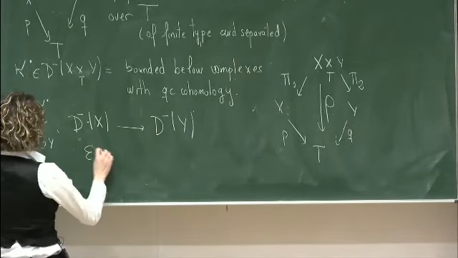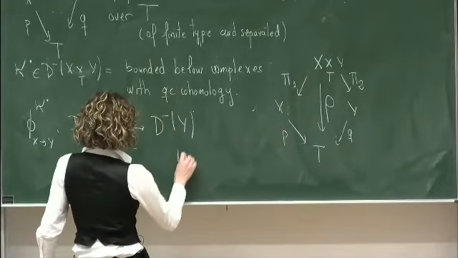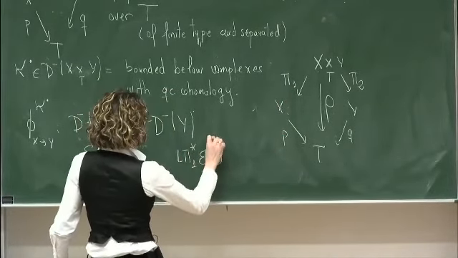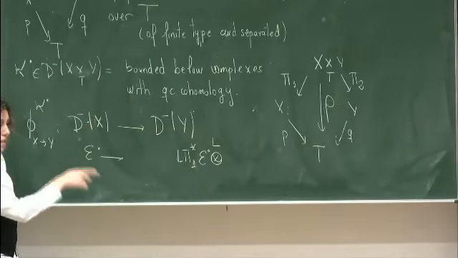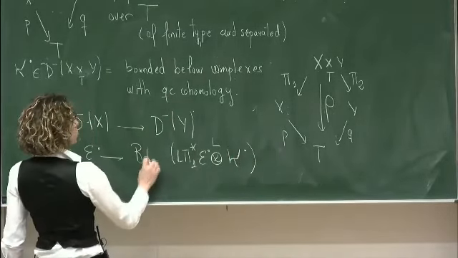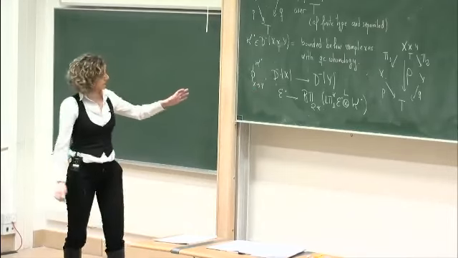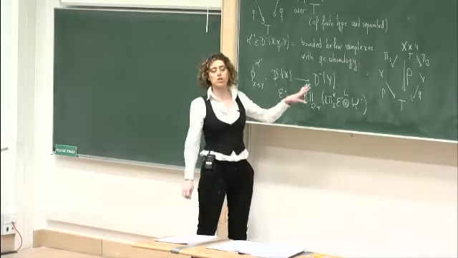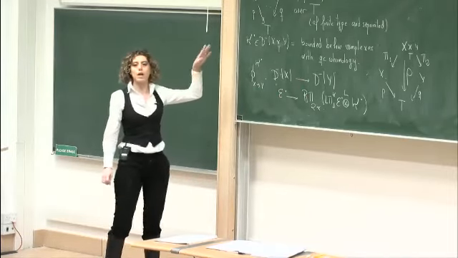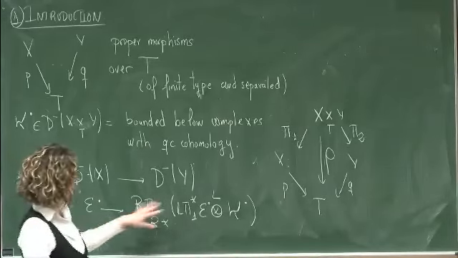Given a complex E here, you pull it back to the fiber product by P1 star, tensor it by the object that you have fixed, your kernel K, and then push it forward to Y by means of P2. The definition is the same, we just have to consider all the functors as derived functors because our morphisms could be non-flat morphisms. Anyhow, all of these functors are well defined.